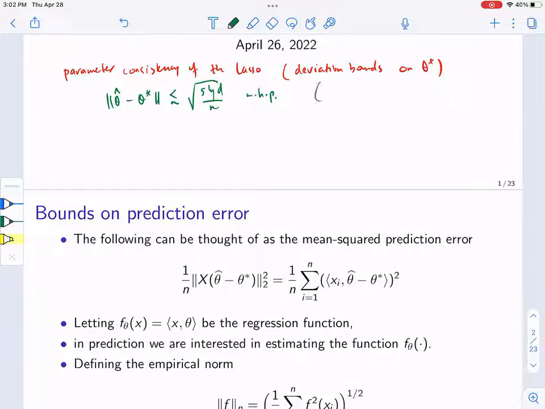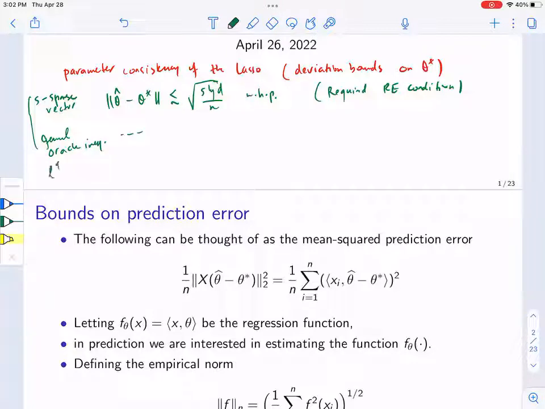So this required basically the RE condition. This is for s-sparse vectors. And we also saw a version for the general orthogonal inequality, which I don't write.